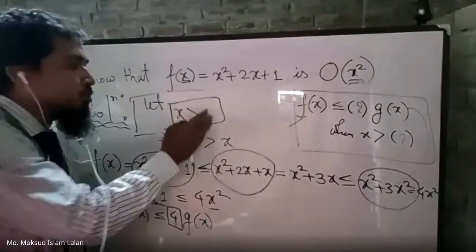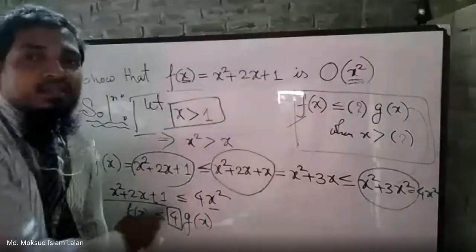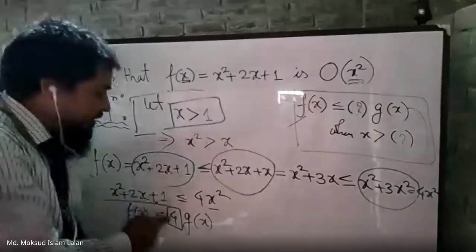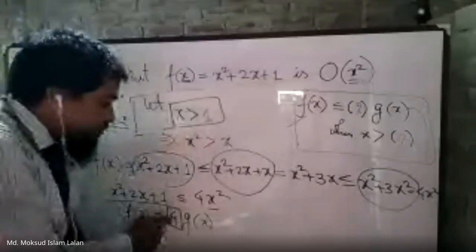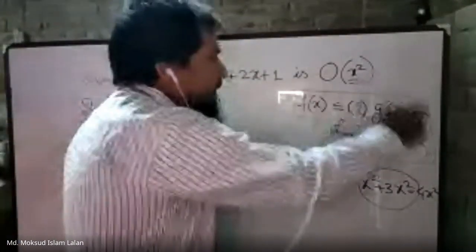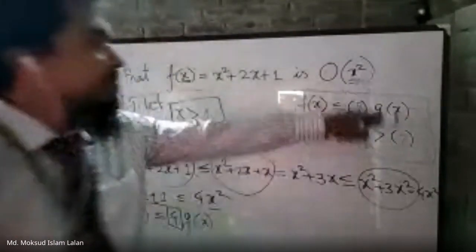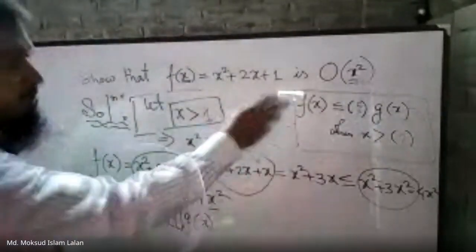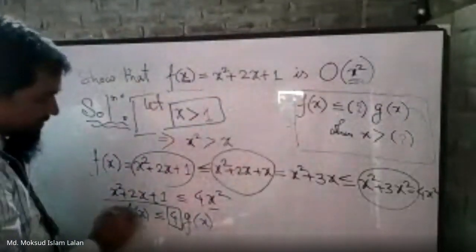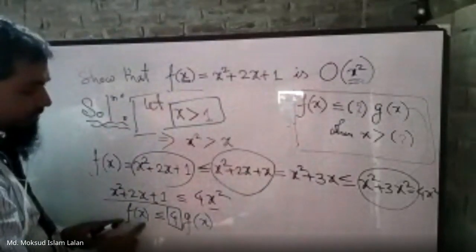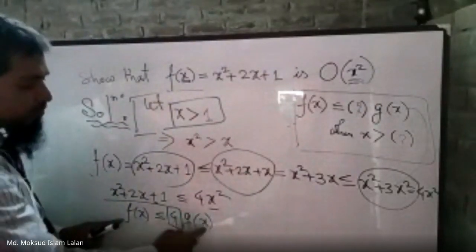Sir, could you please repeat this again? On the basis of these two witnesses, these are called witnesses. Because we are able to express all these terms in this format, can you check this? f of x less than 4 g of x.